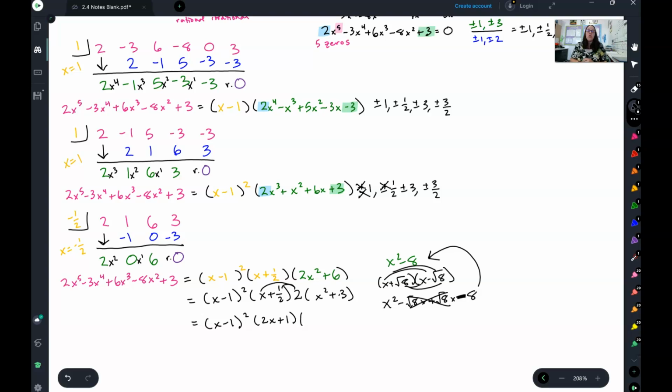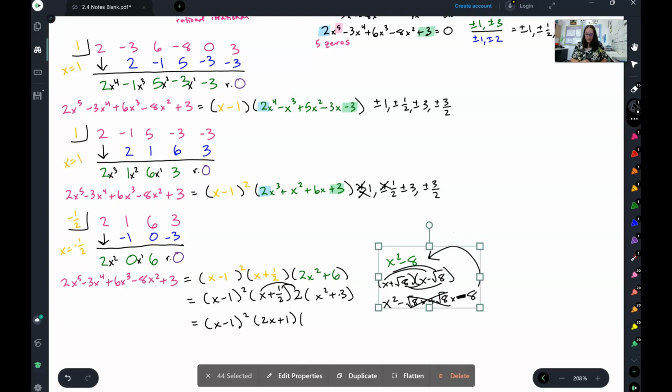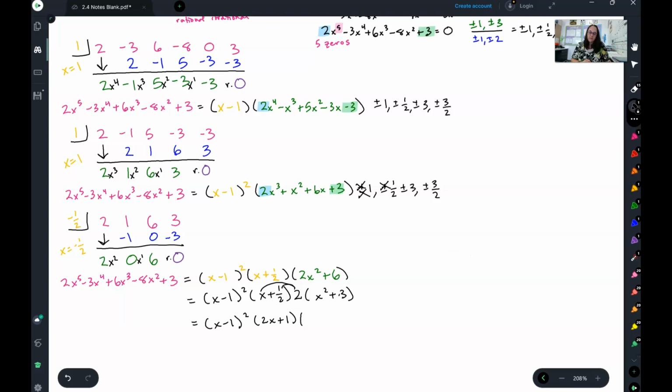Here, I don't have a difference of squares. This is addition, not subtraction. So we cannot factor this. If we can't factor, our backup plan is always the quadratic formula. So x equals negative b, our b in this case is 0, don't have a b term, plus or minus square root of b squared minus 4ac, all over 2a.